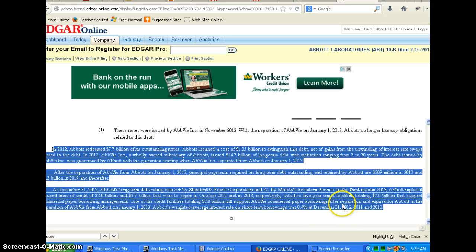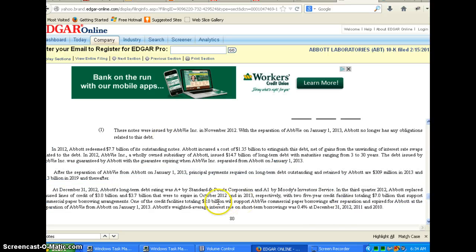For example, they replaced unused lines of credit, $3 billion and 3.7 billion, that were to expire respectively, with 2 5-year credit facilities totaling $7 billion that support commercial paper borrowing arrangements. So they increased their borrowing slightly with credit facilities using commercial paper.